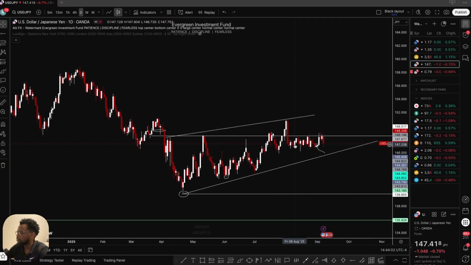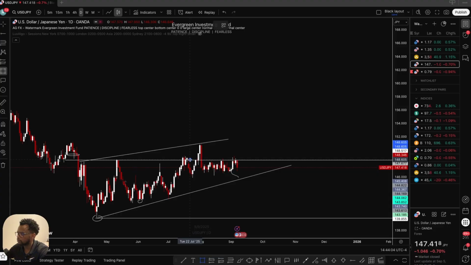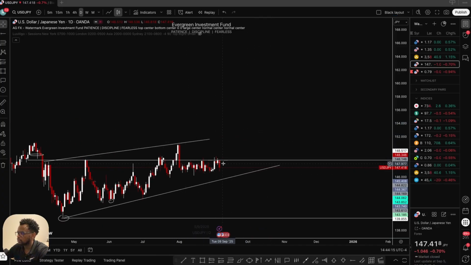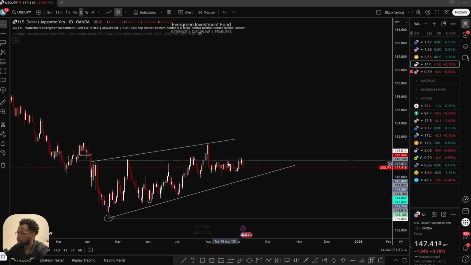On the daily, you can see this is what I'm talking about. This horrible price action here. Price is not going anywhere because of the weak dollar. So it's been stuck here for quite some time. Let's see what happens in the coming weeks. Let me just draw a level here and show you the range that I'm talking about.